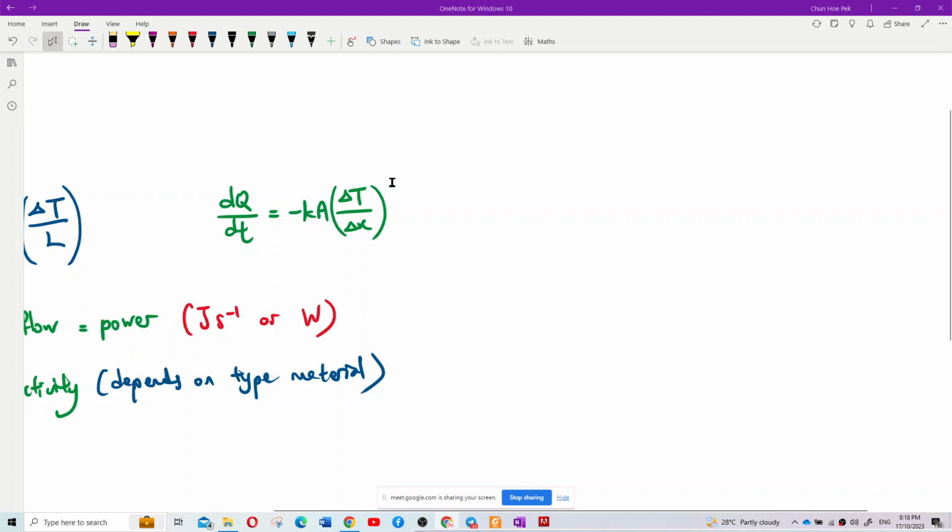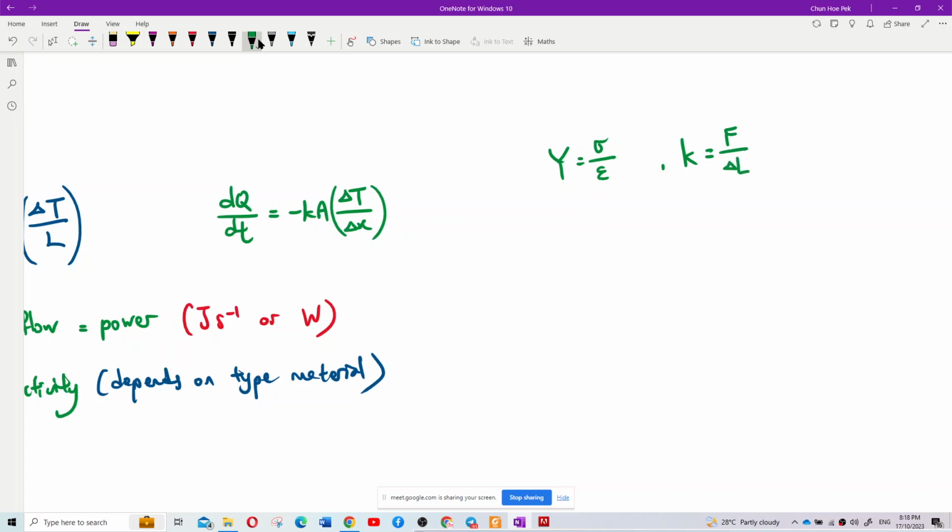Young modulus. Oh yes, force constant. That's right. So before this, we have learned about Young modulus, which is stress over strain, and the force constant, which is force over delta L. These two, Y and K, also depend on the type of material.